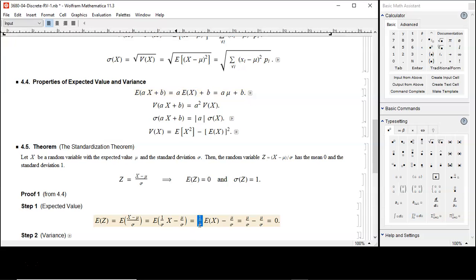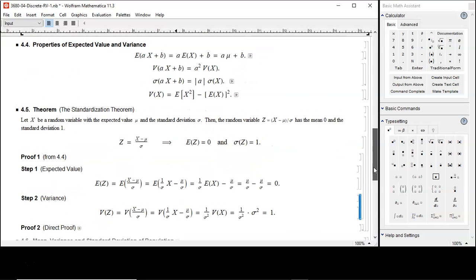And then 1 over sigma, and then expected value, and then plus B is minus mu over sigma. But then again, this is mu. So we have mu over sigma minus mu over sigma, that's 0. So we end up with 0. So using this, we can prove it.